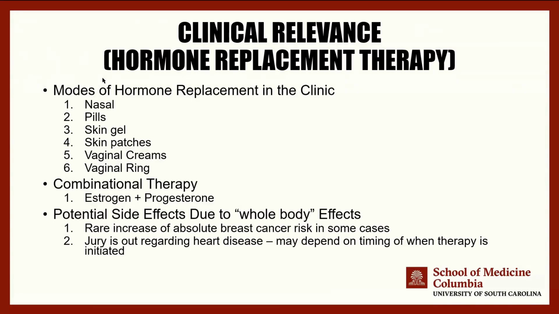And that's basically what our group is trying to figure out, because hormone replacement therapy in its current state is a whole body treatment in most cases, okay? And we don't understand well enough the bioavailability, how the mode of delivery affects bioavailability, okay?